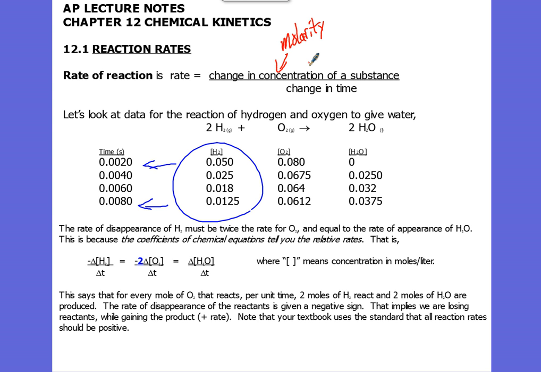Grams. And those conversions would all be proportional as long as it was the same substance. So the change in grams per time would be proportional to the change in moles per time, which would be proportional to the change in molarity per time. We tend to work only in molarity, except with half-life, we'll do mass.